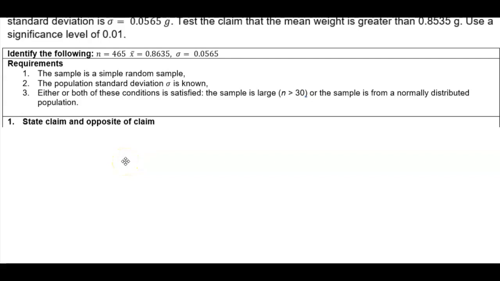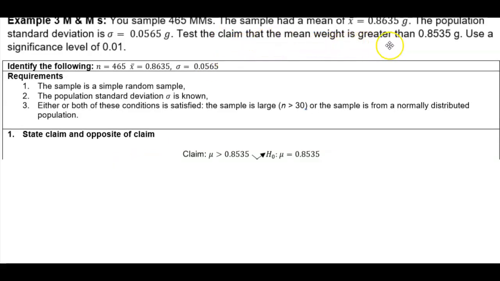Now, we want to state the claim and the opposite of the claim. Well, the claim states that the mean weight is greater than 0.8535. The opposite of the claim would be less than or equal to 0.8535.